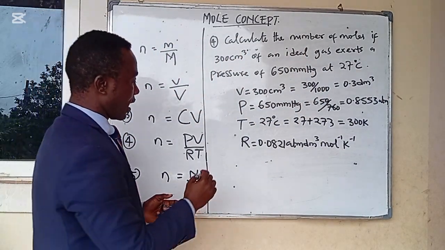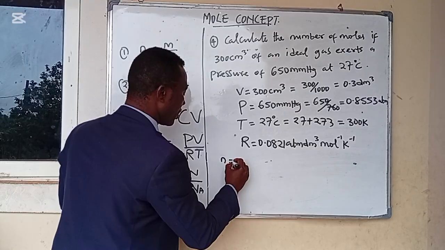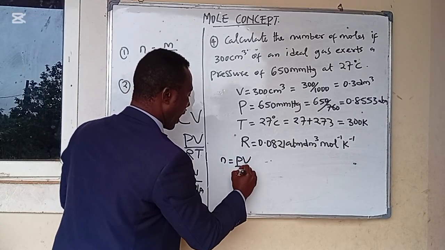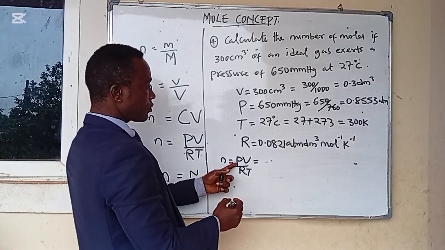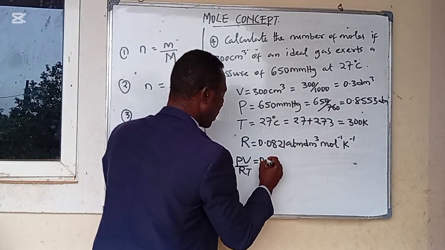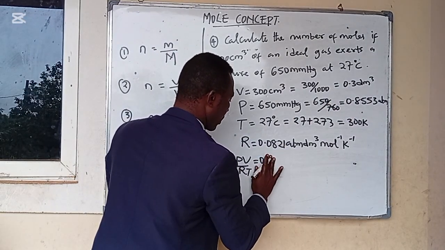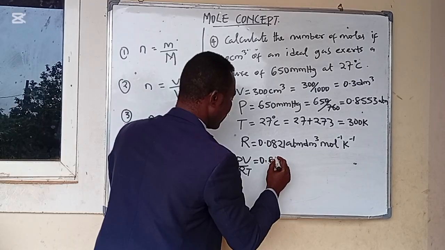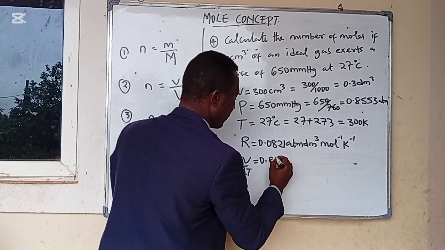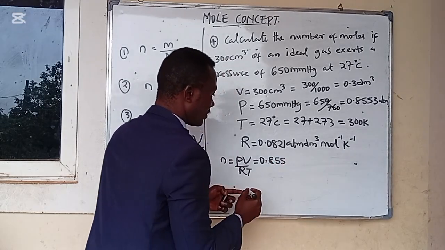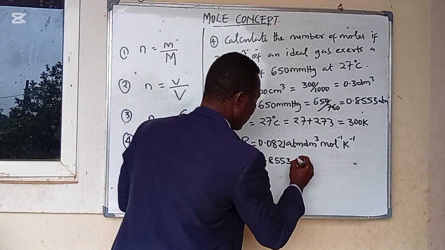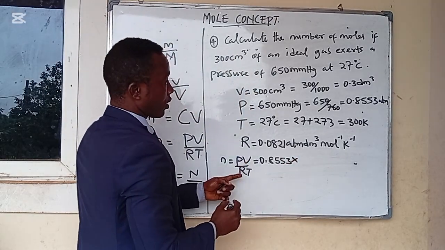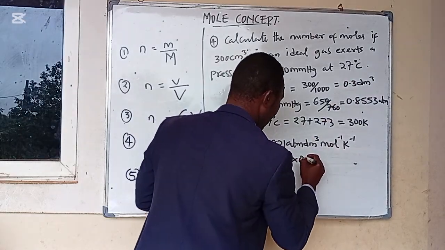So if we are solving now, number of moles is equal to what? PV over RT. Pressure is 0.8553 multiplied by the volume, our volume is 0.3.